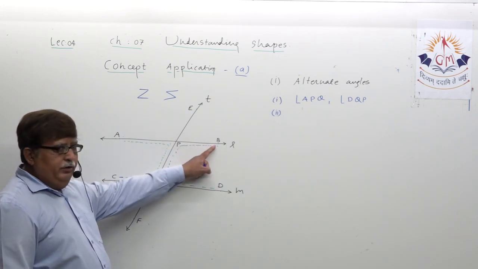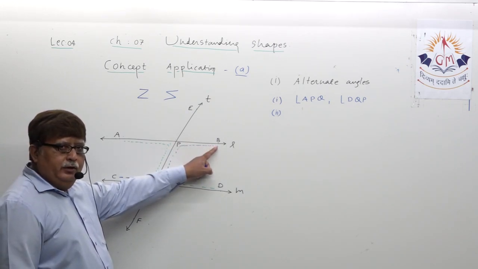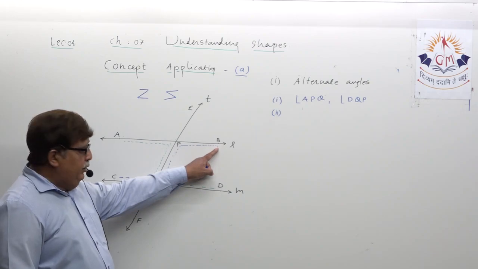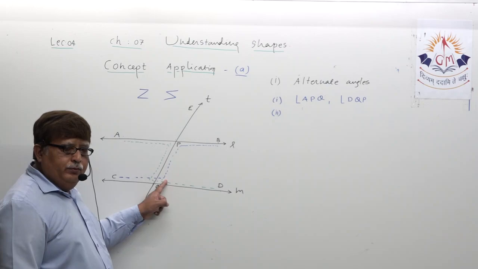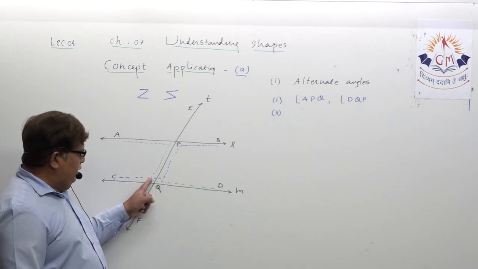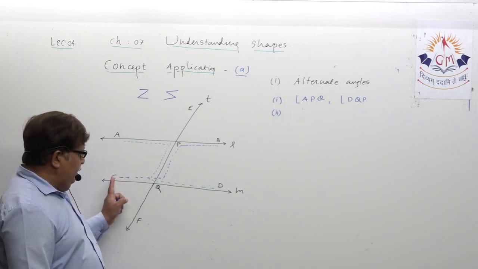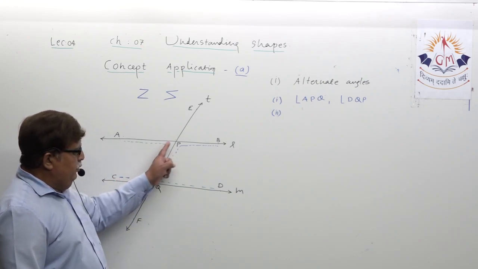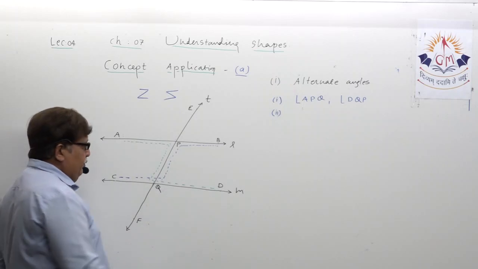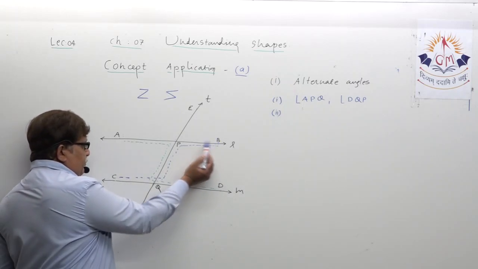Speak the name of this angle: angle B, P, Q. Name this angle: angle C, Q, P. You got it? Speak it again.